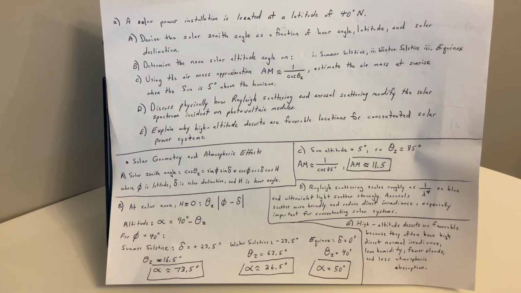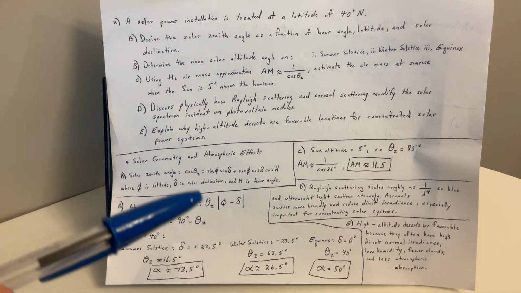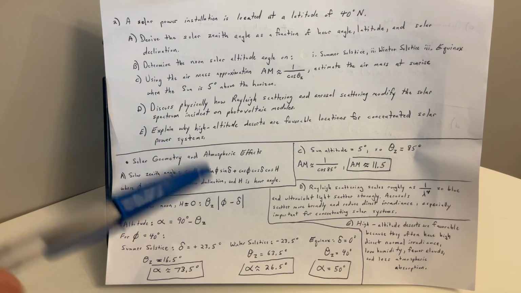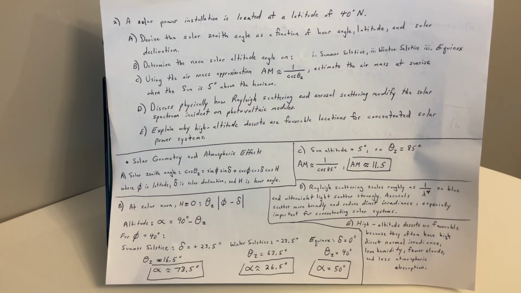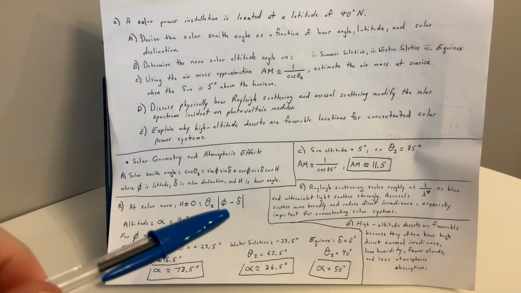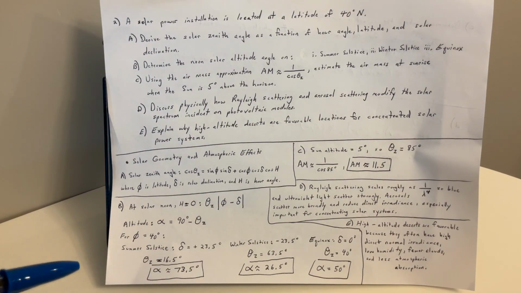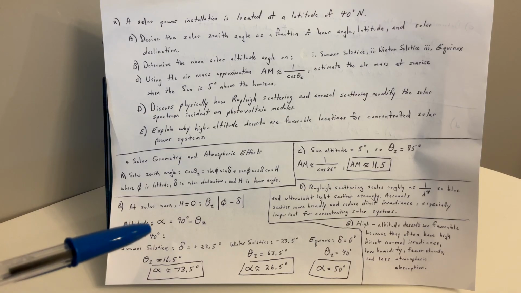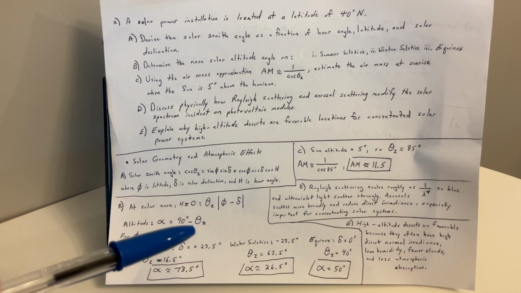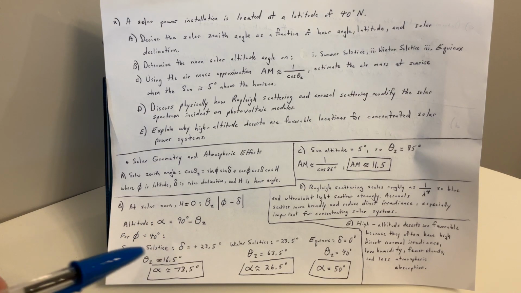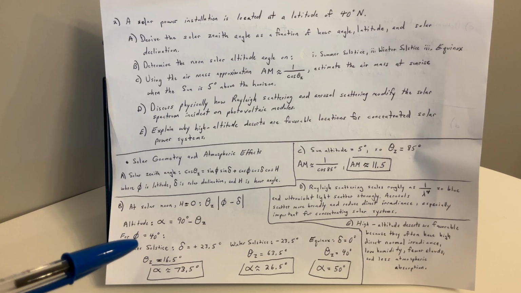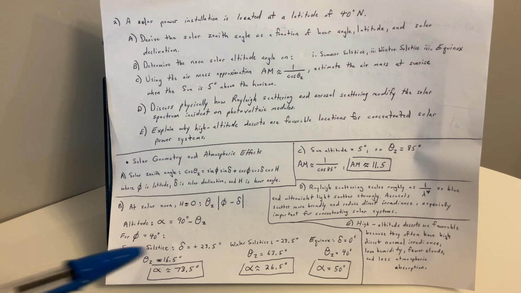So at solar noon, h equals 0, and theta sub z equals the absolute value of phi minus delta. Our altitude, alpha, is 90 minus theta sub z, and for our phi, that's equal to 40, so we just plug in here.